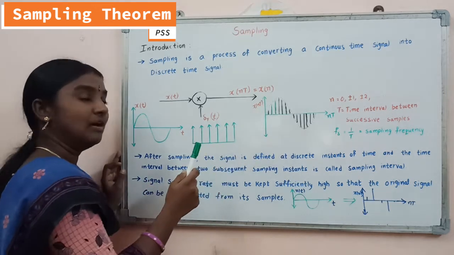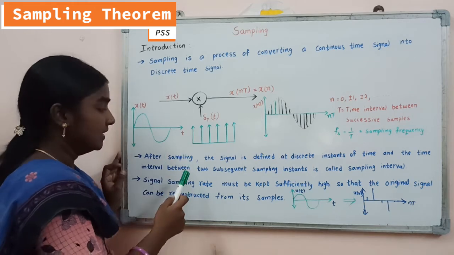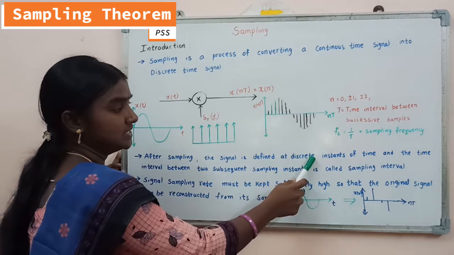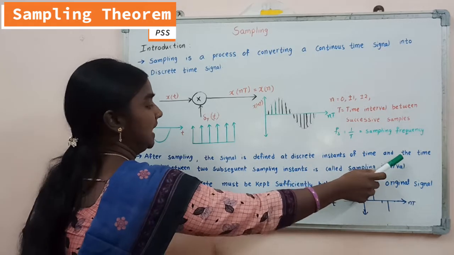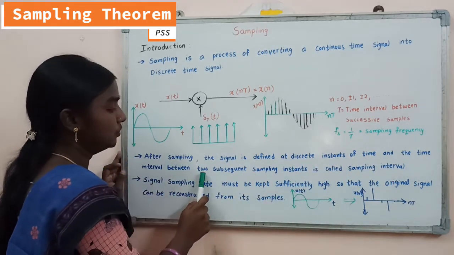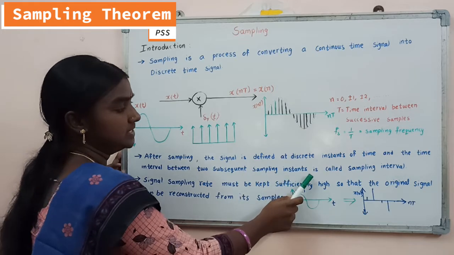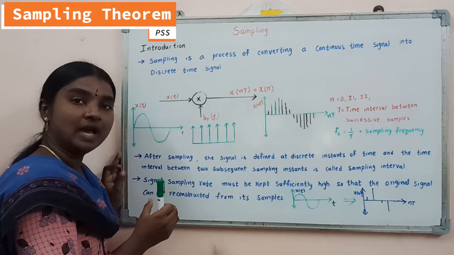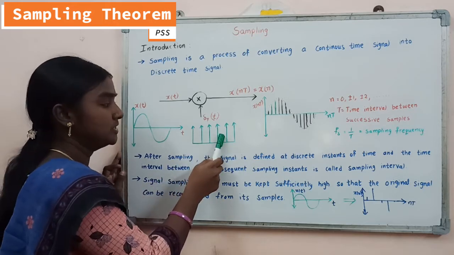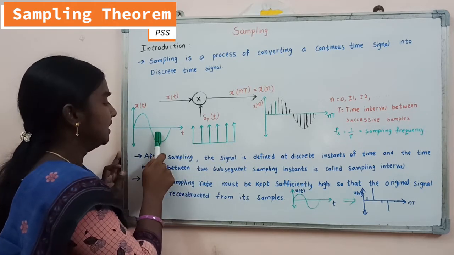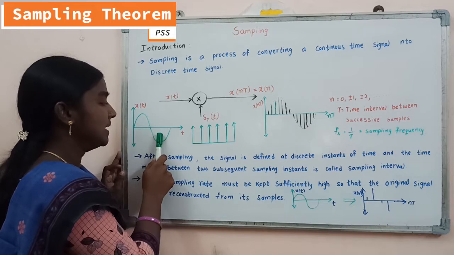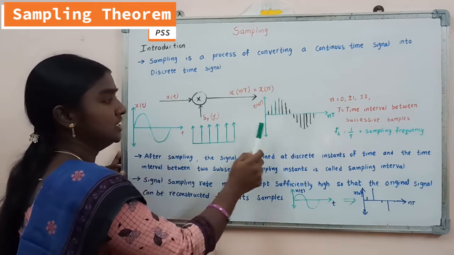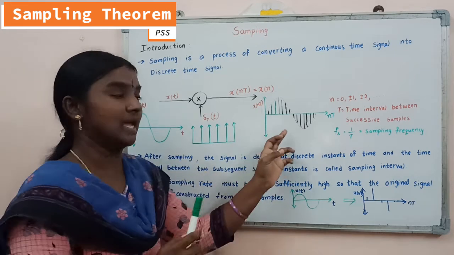Now here, after this sampling process, we obtain a signal defined at discrete instances of time, and the time interval between two subsequent sampling instances is called the sampling interval. If we observe this sampling process figure, the continuous time domain signal is shown the same, but this figure is shown in the discrete time domain.